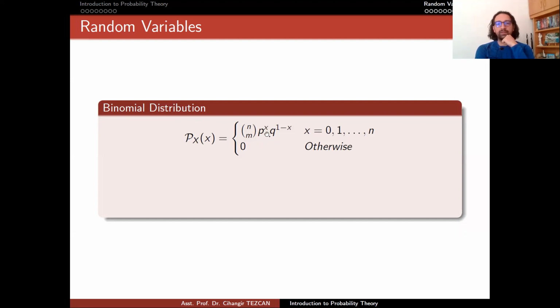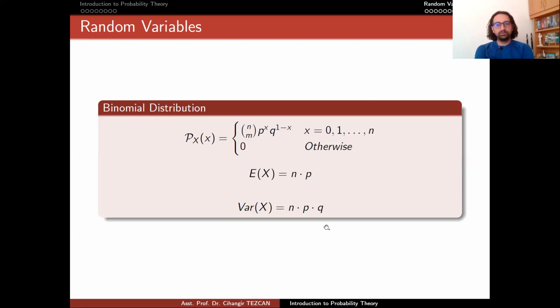I will correct it when I upload the slides. So the correct version should be n choose x, p to the x, q to the n minus x. Sorry for that.